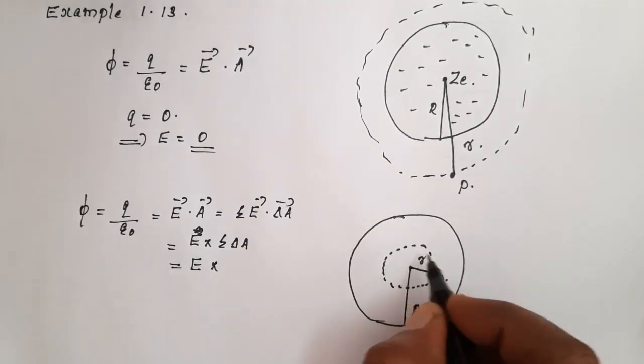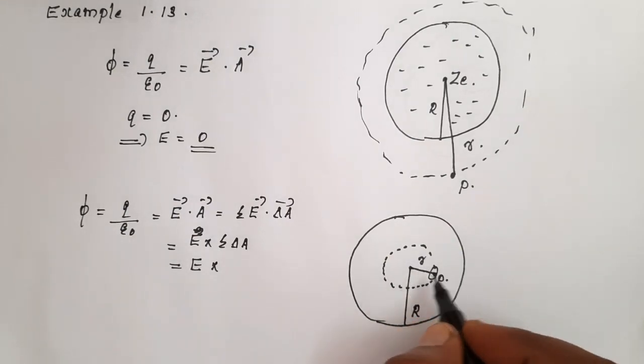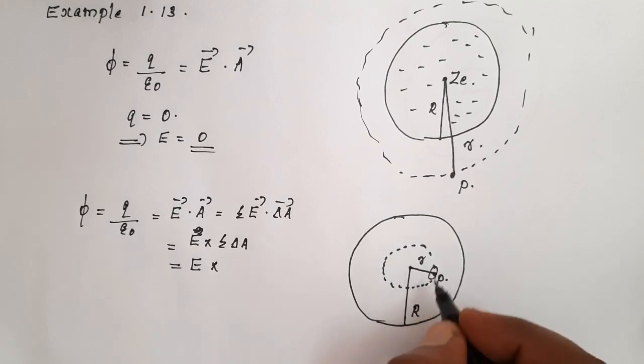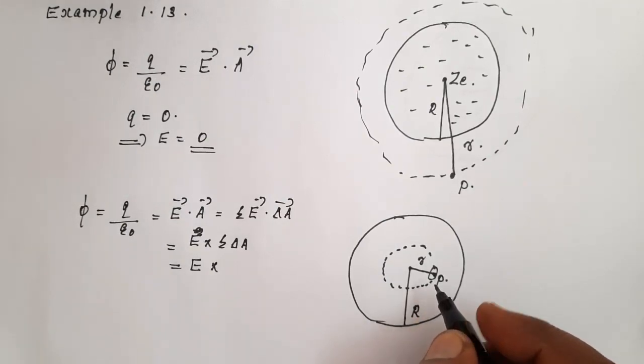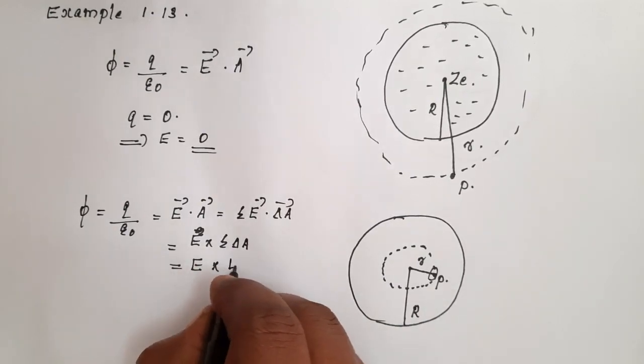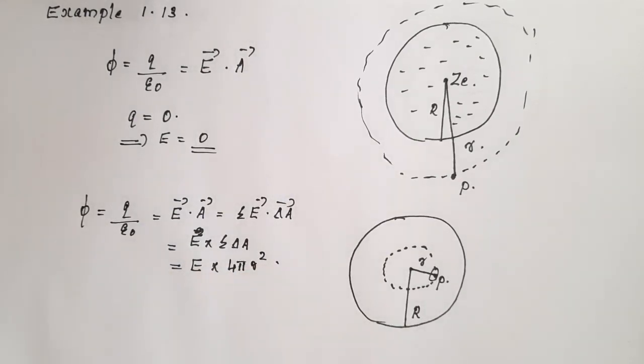We have assumed a spherical Gaussian surface of radius r, so its surface area is 4 pi r squared. So phi is E into 4 pi r squared.